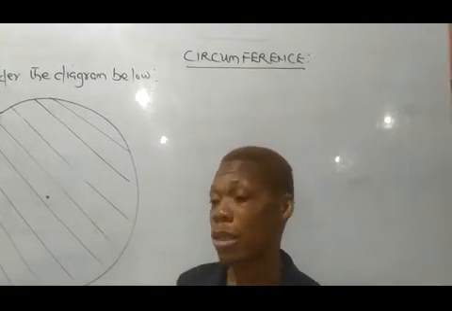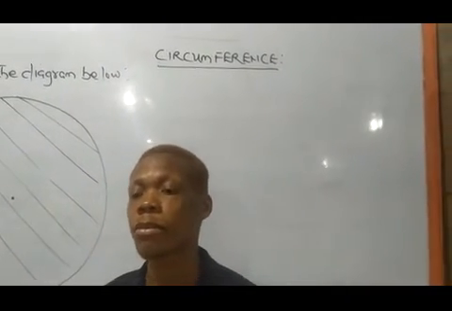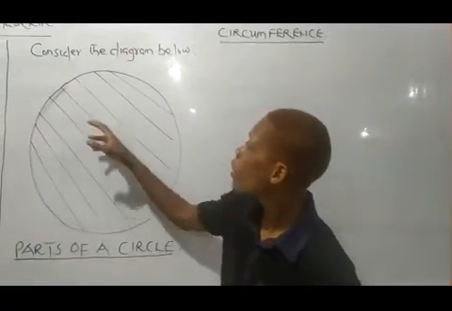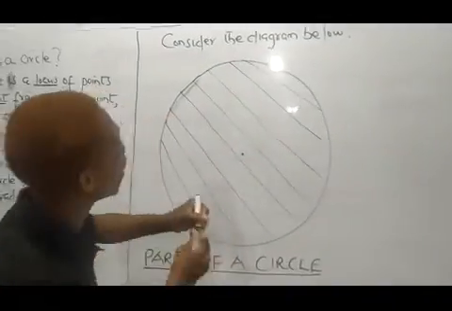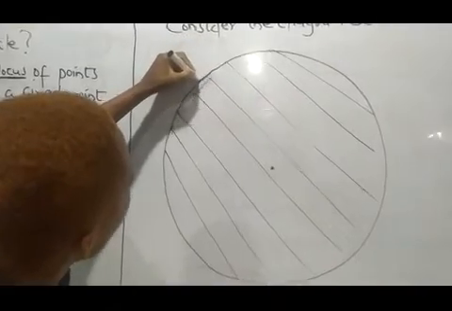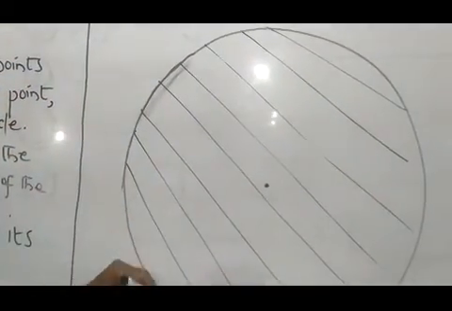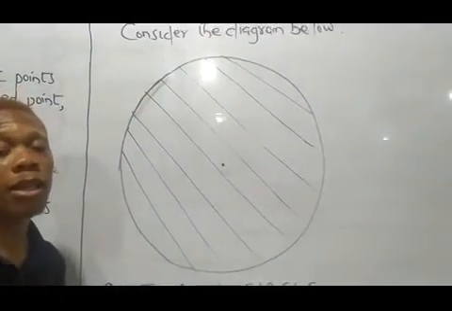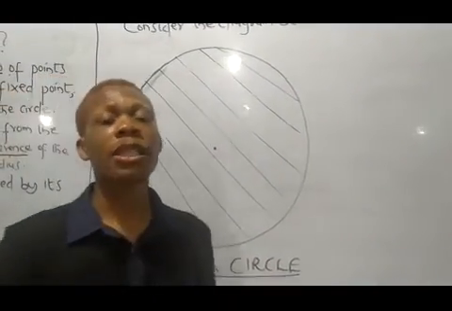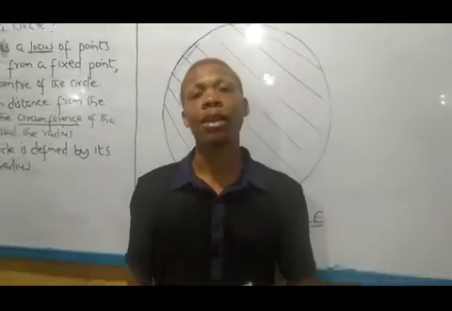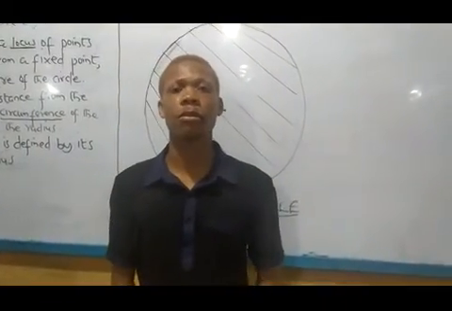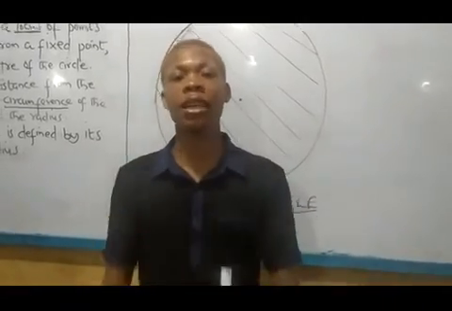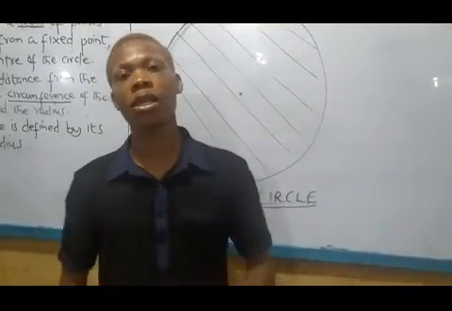So we are looking at the circumference first. The thick black line that you are seeing here is what we term as the circumference of the circle. The circumference of any circle is the perimeter of the circle.